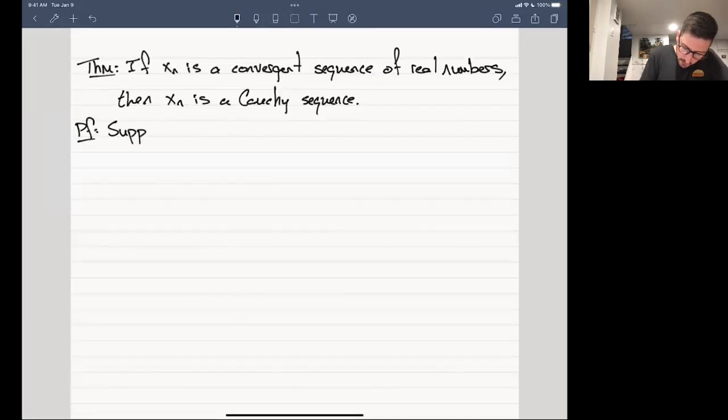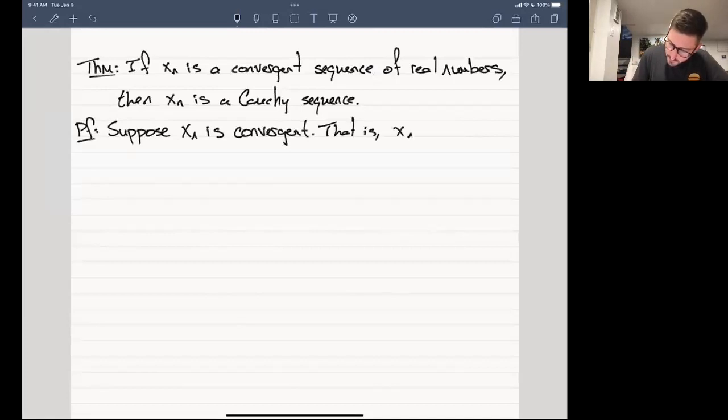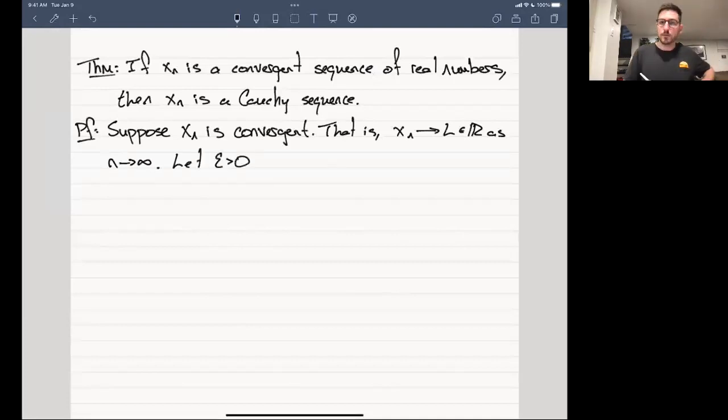So let's say, suppose xn is convergent. Now, we know from the definition what that means. That is, xn approaches L in R as n goes to infinity. So there's some limit point here. Now, we're going to say let epsilon be greater than 0.